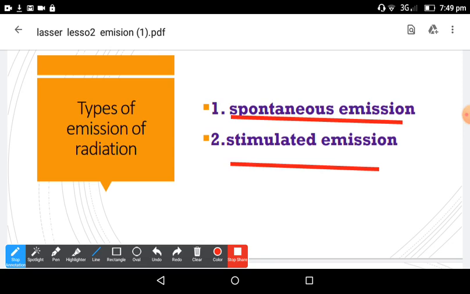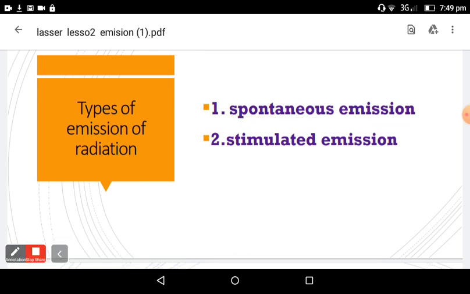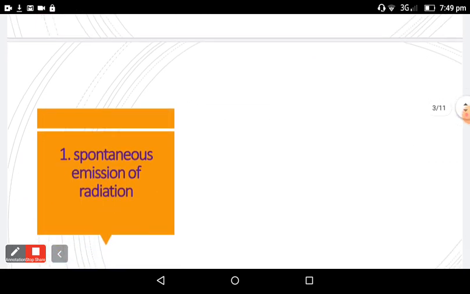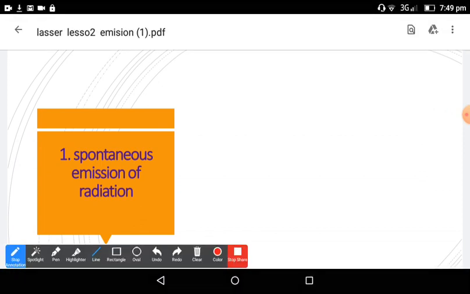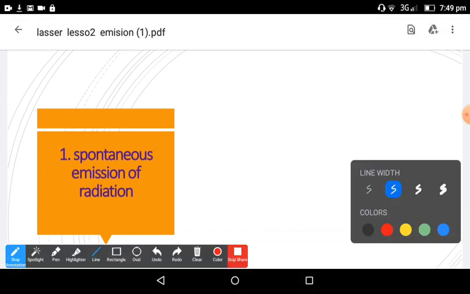We will discuss the first point, spontaneous emission of radiation. What do we mean by spontaneous emission? For that, I would like to explain the atomic structure of any substance.